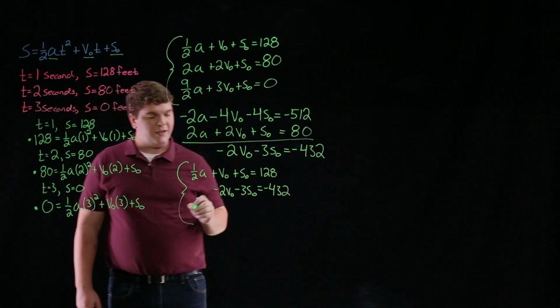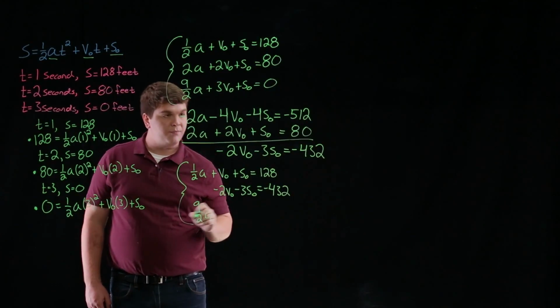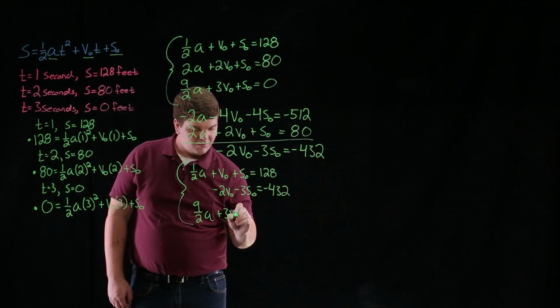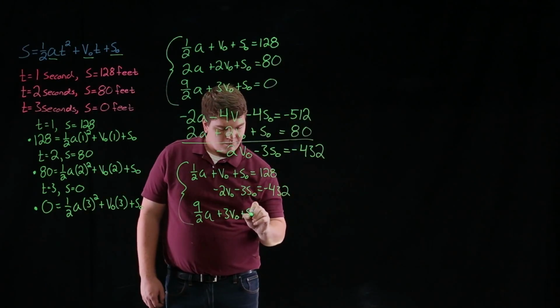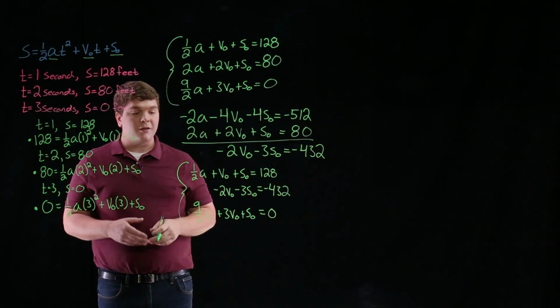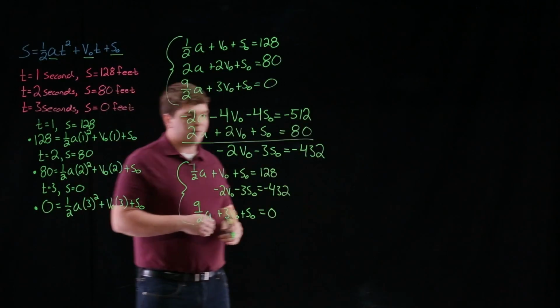And our third row is 9/2 a plus 3v naught plus s naught equals 0. Now here, we can multiply our top row by -9 and add it to our third row.